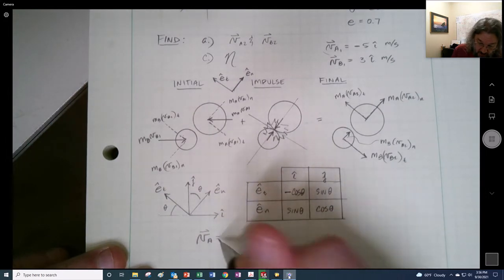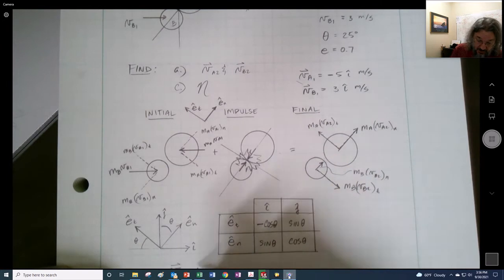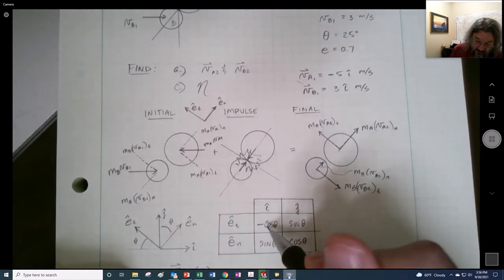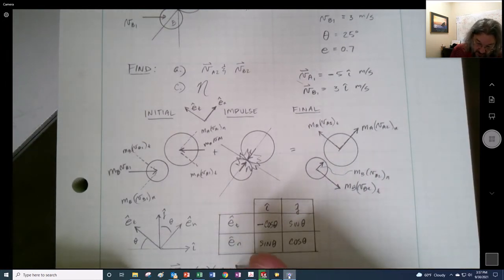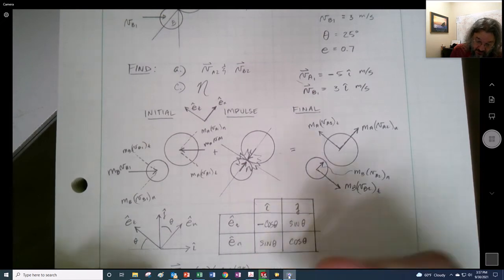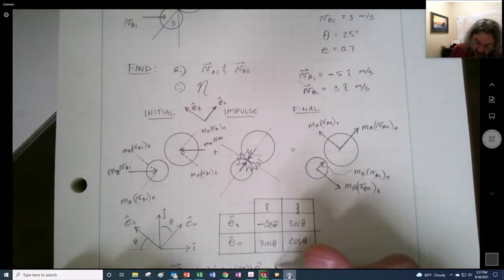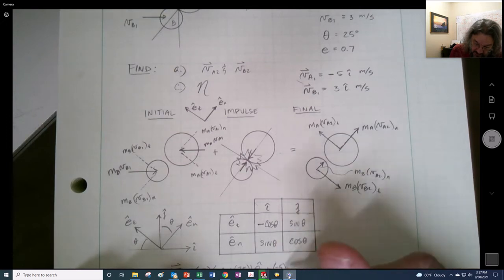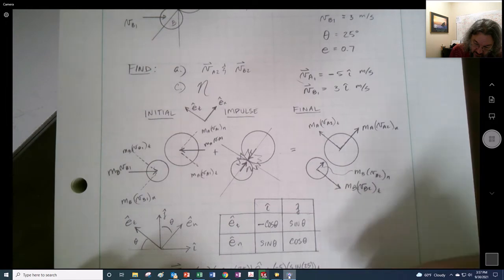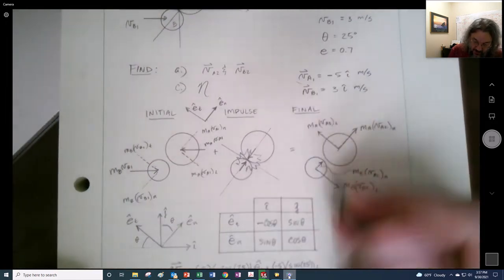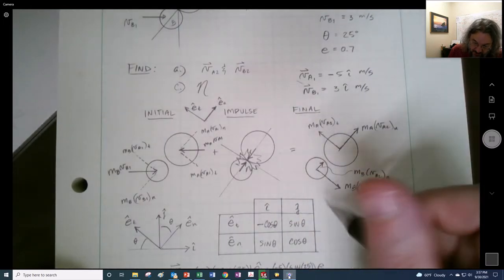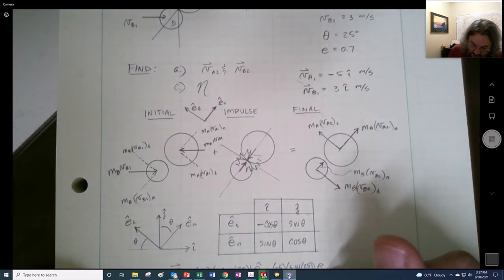VA is going to be, since it's just I, the negative 5 times the negative cosine of 25 degrees, and that's going to be the entirety of the tangential. And then it's going to be negative 5 times the sine of 25. Oh, I almost wrote J. I meant normal. We're just taking an I, and it's just a single column because there's no J as part of the thing. That maybe made it a little easier.